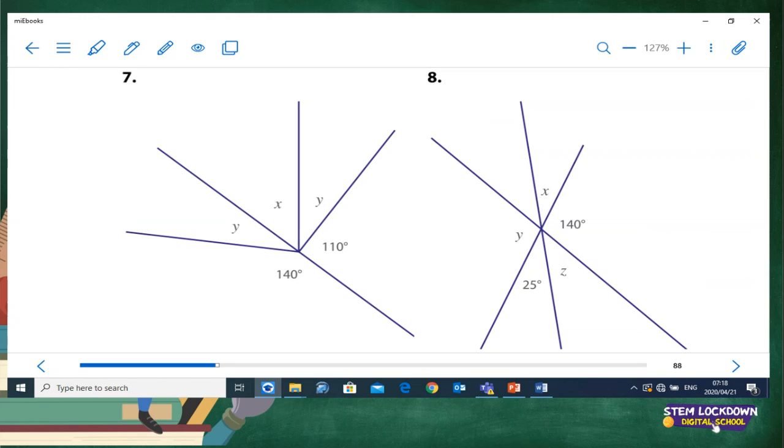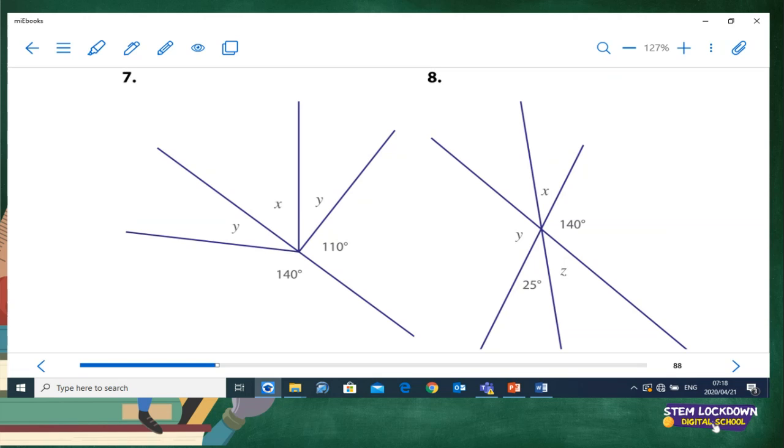The last one, which is z, you can see that z is on a straight line. Those are angles on a straight line. And of course, angles on a straight line form 180 degrees.